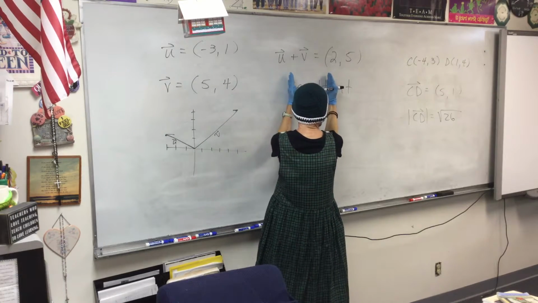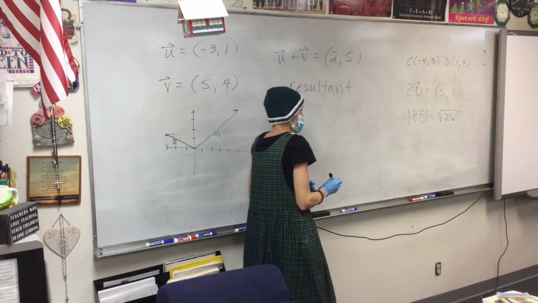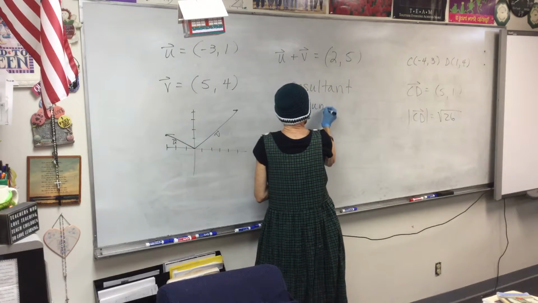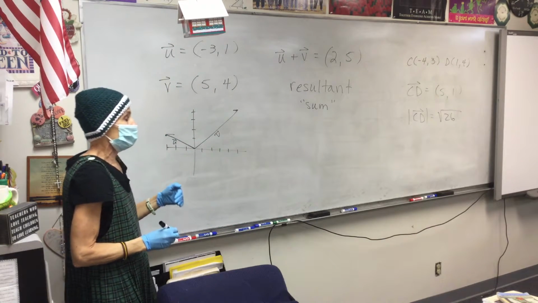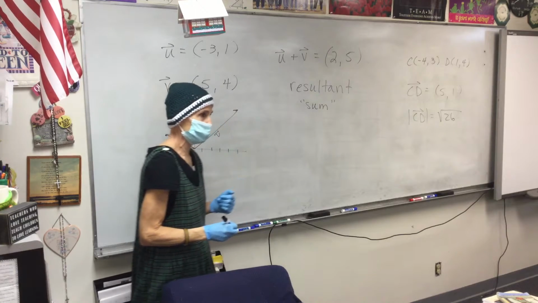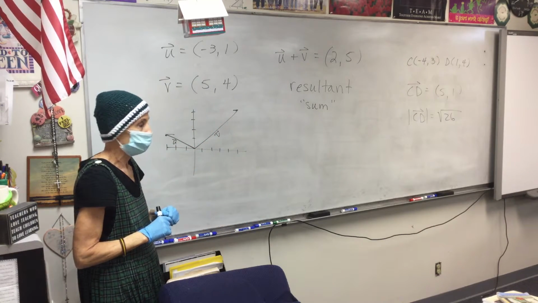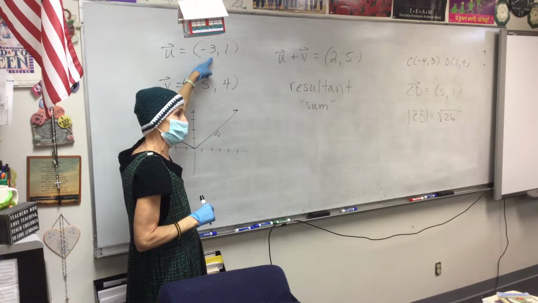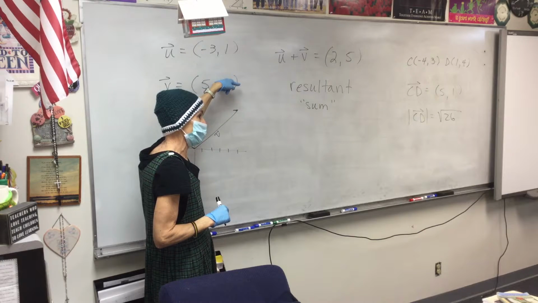It's the result of what happens when you add two movements together. Resultant is simply the vector word for sum. So when someone says to you, find the resultant of these two vectors, all they want you to do is add them together. And how do we add them together? We add their x's and we add their y's.